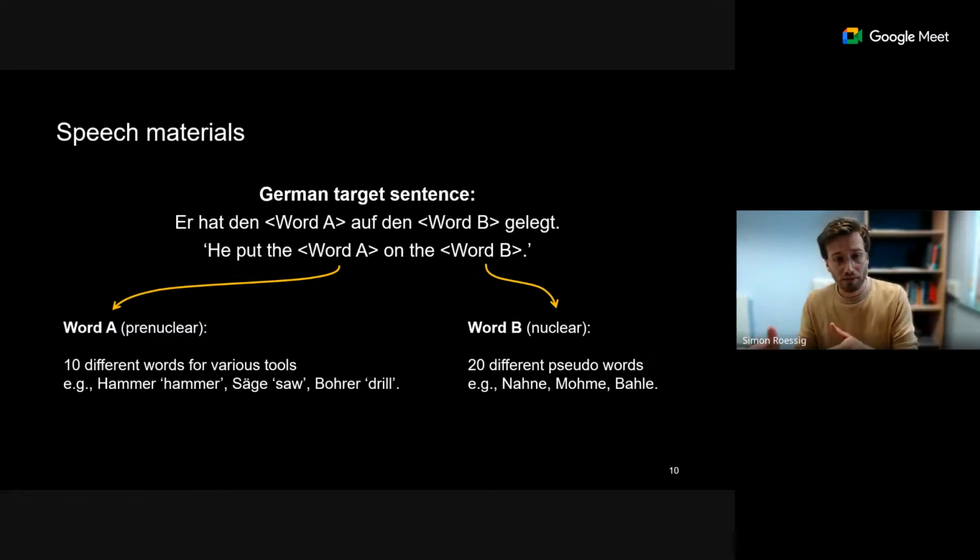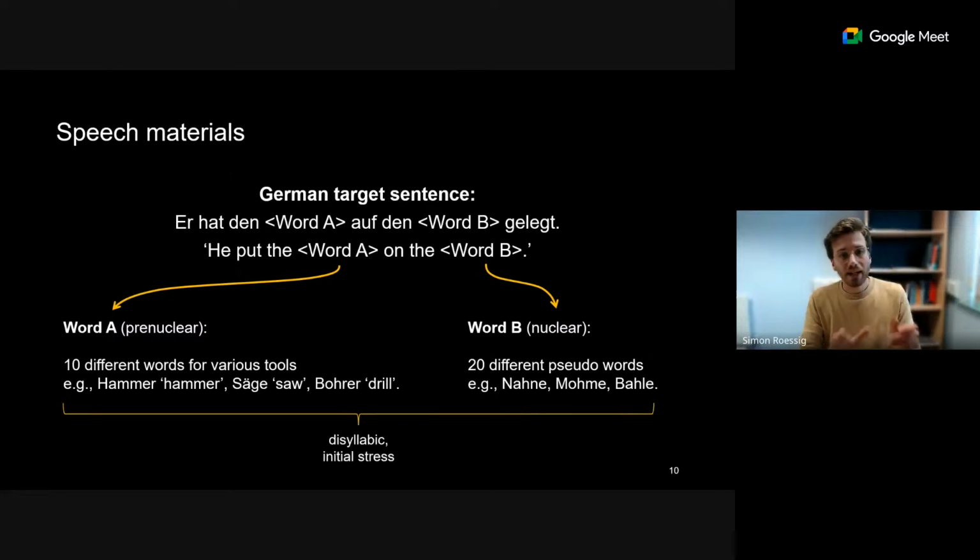And in the slot of word B, we have 20 different German-sounding pseudo words. So they sound German, but they are made up: Nane, Bome, Bale, and so on. The target words in both slots are disyllabic, and they have stress on the first syllable. So there's quite some similarity between those two words.